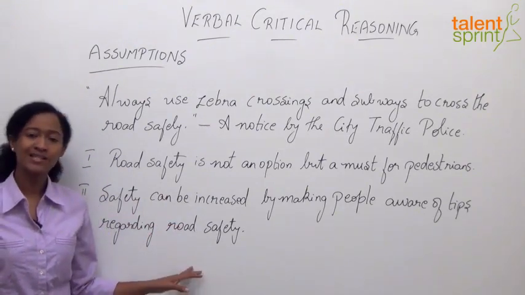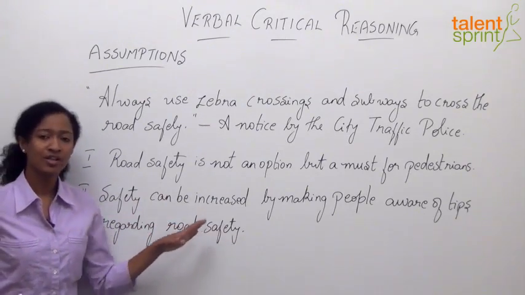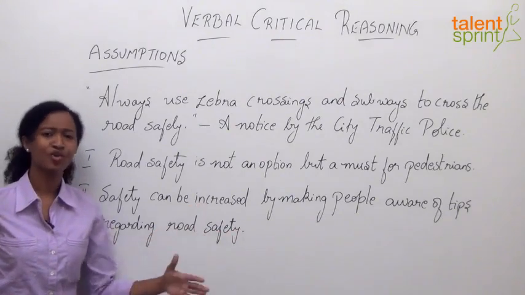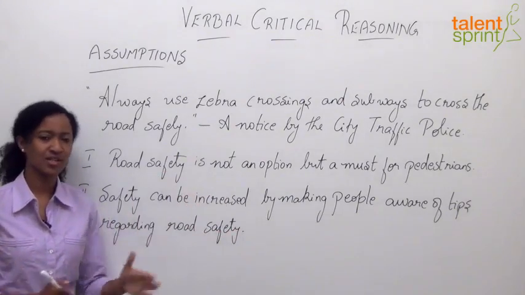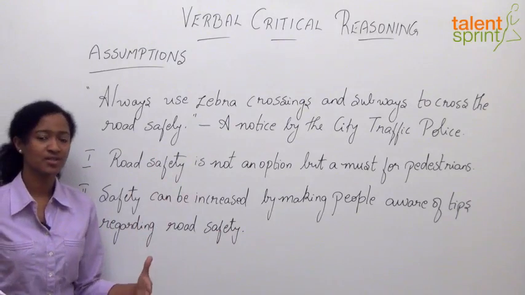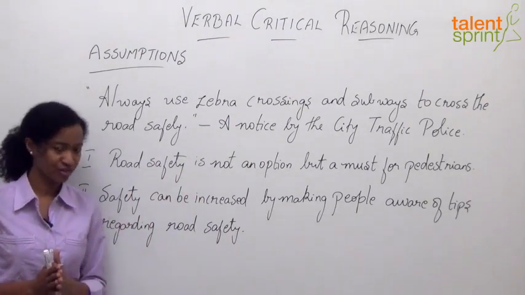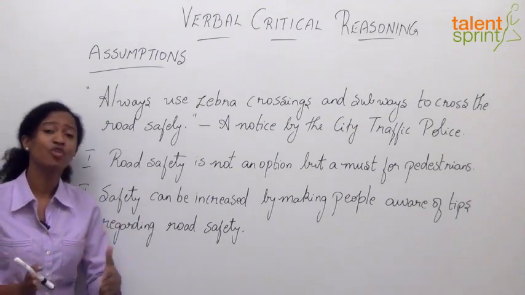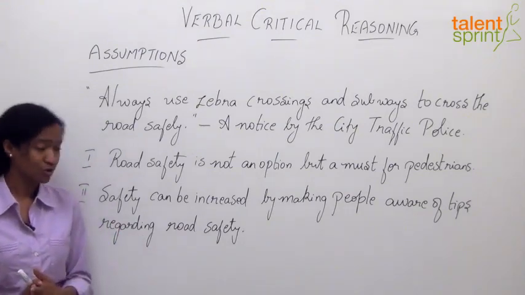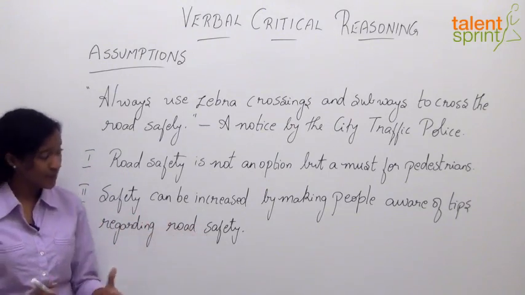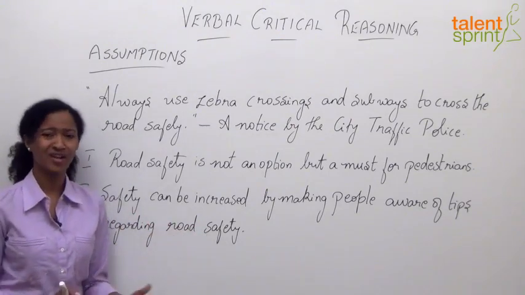So is the city police trying to create that? Of course, yes. It's a notice stating always use zebra crossings and subways. So they are trying to capture the attention of the public so that they can follow that particular notice, right? So safety can be increased by making people aware of tips regarding road safety. Absolutely yes.